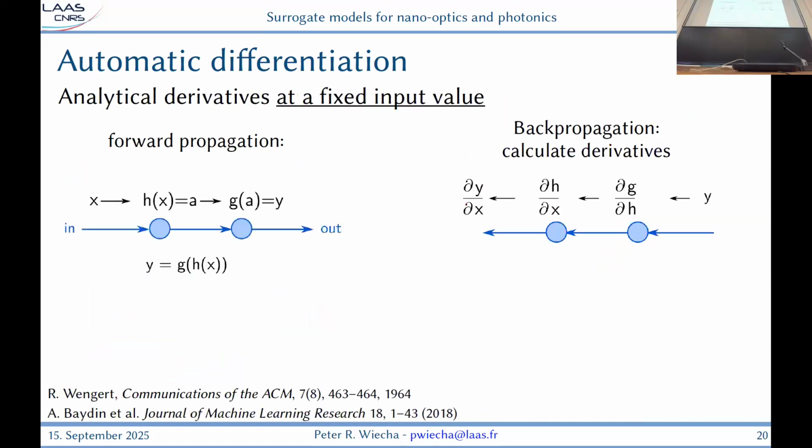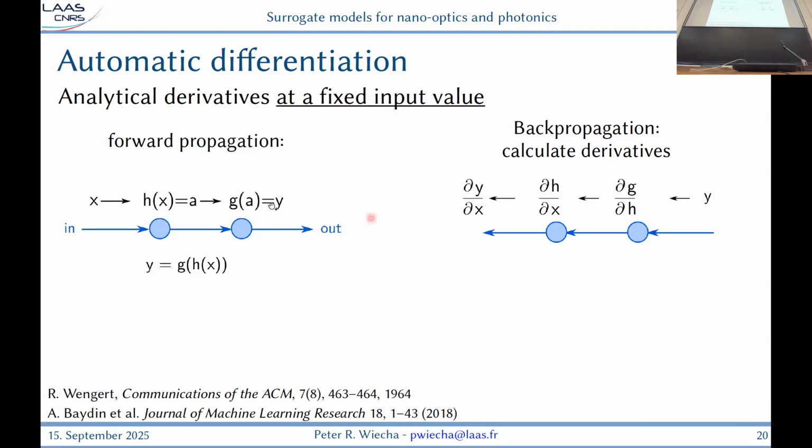So this brings me to automatic differentiation. Automatic differentiation is the idea to derive a method which can calculate analytically precise derivatives at a fixed input value. So we don't want the full equation or formula that we can use to evaluate the derivatives everywhere. We just want the derivative value at a specific input x to our function.